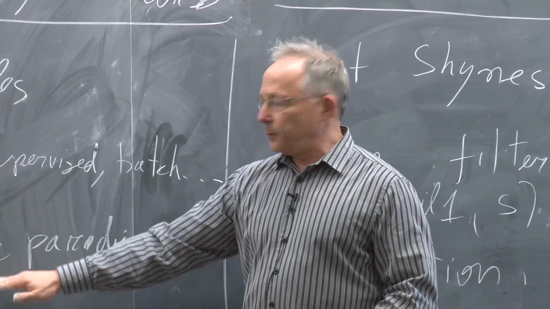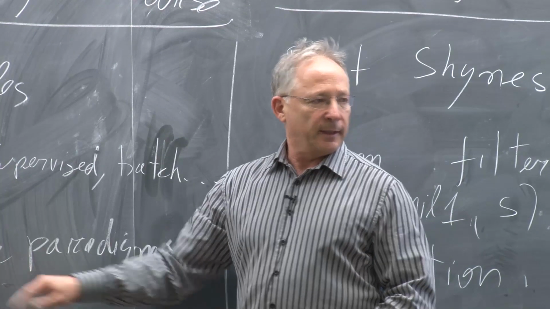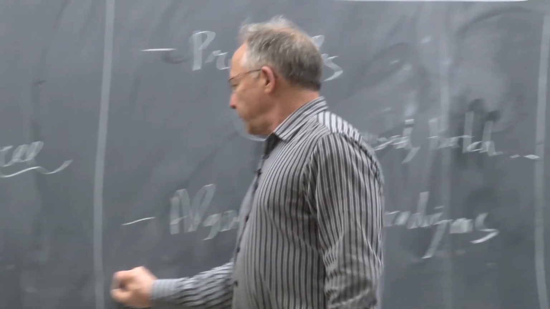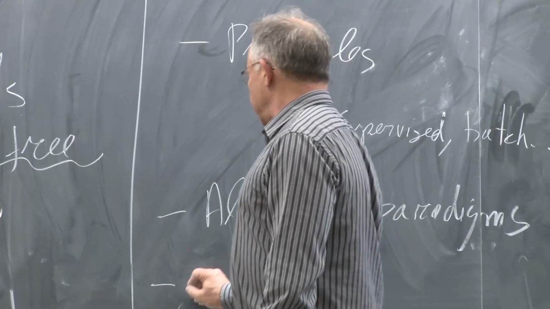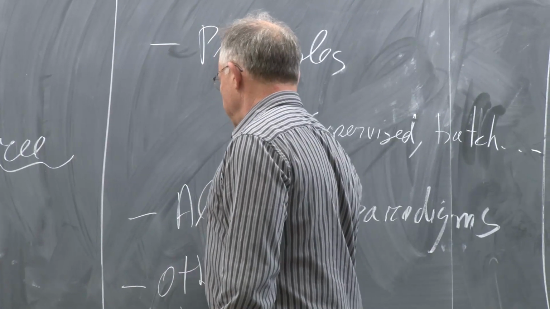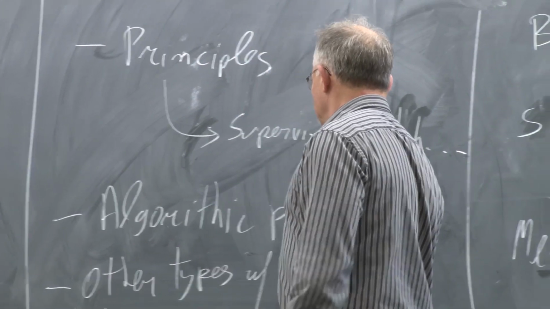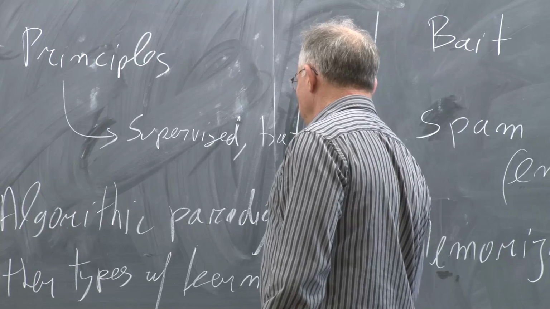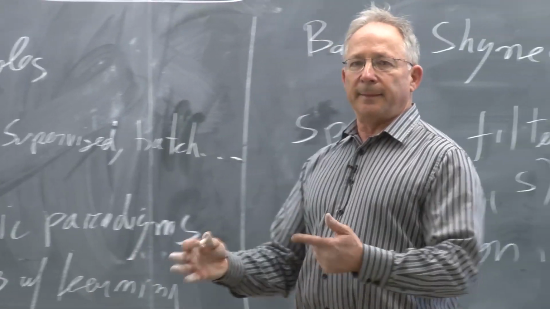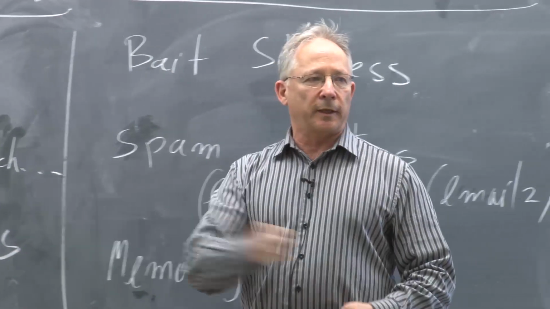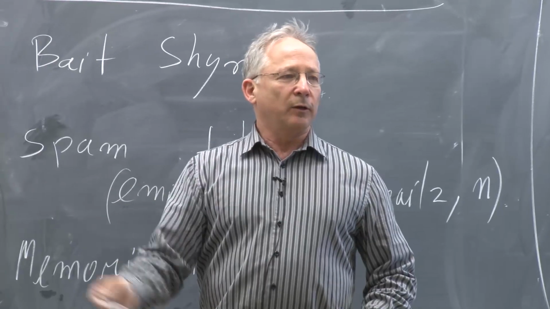So the second part, we'll talk about some algorithmic paradigms. And in the third part, we'll talk about extensions to other types of learning. As I described before, there are many types, many coordinates along which you can choose your task.